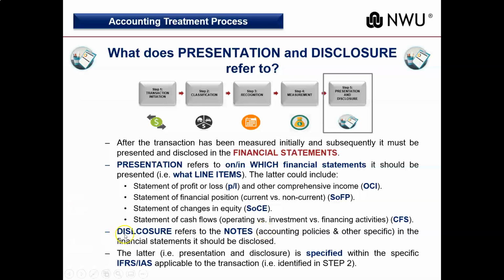I cannot follow only what I would like to see there. That is also prescribed by our IFRS and IAS statements, and we have to follow that very, very rigorously.